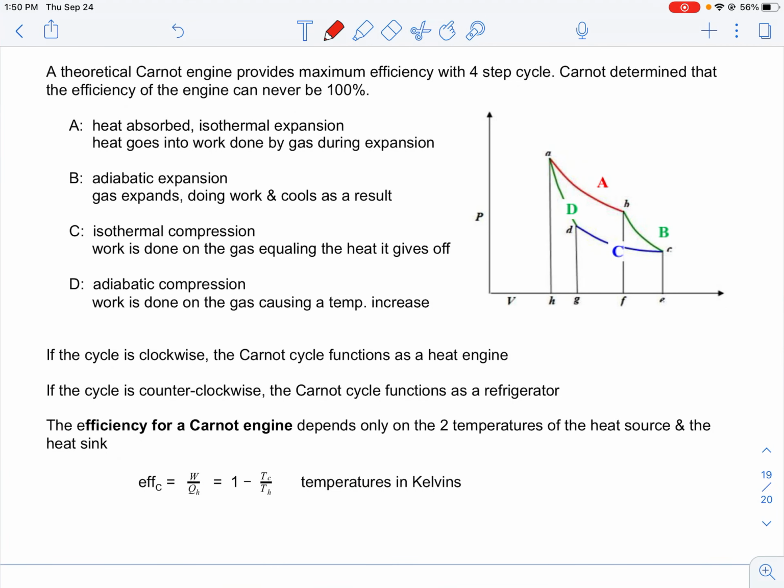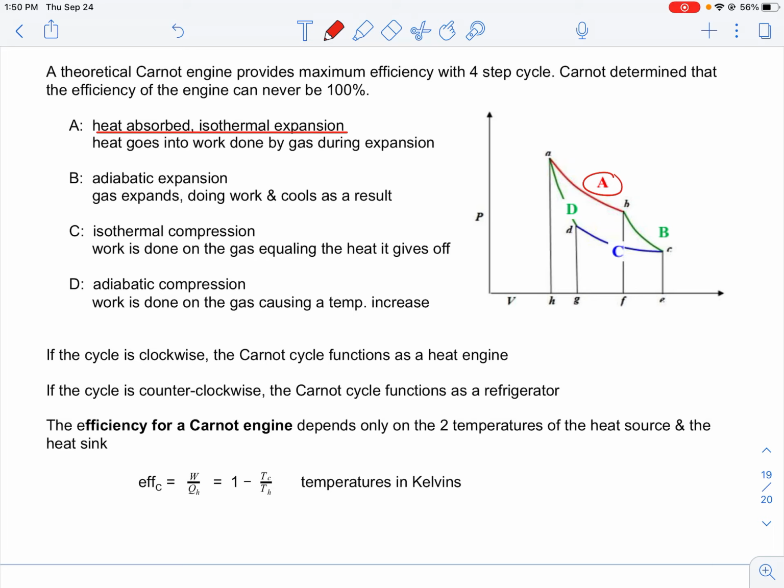So going back here, the 4 steps would be, we've got an isothermal expansion. That's part A. Remember the shape of an isothermal graph.